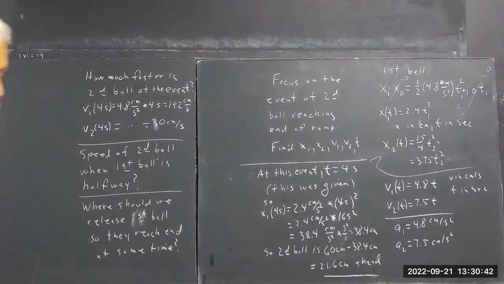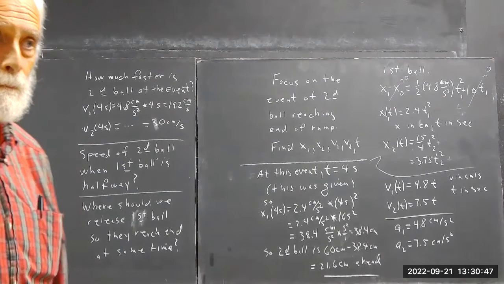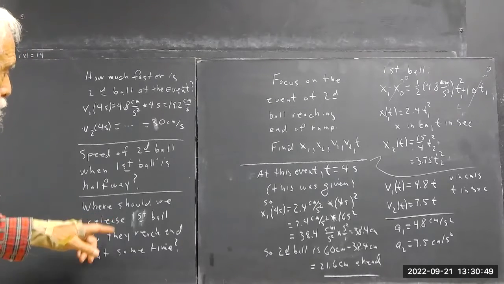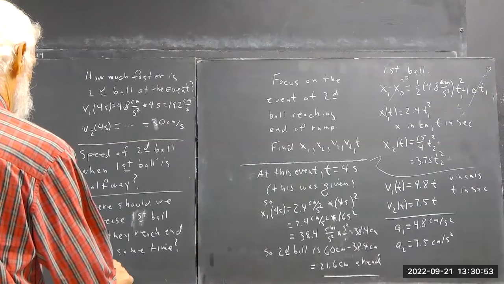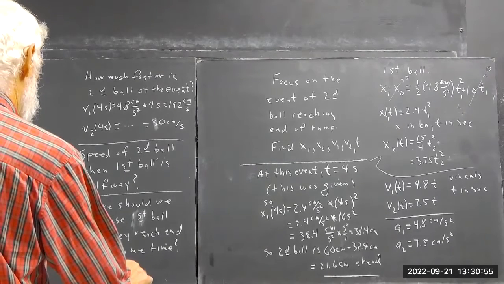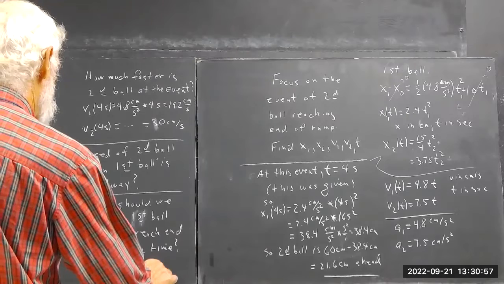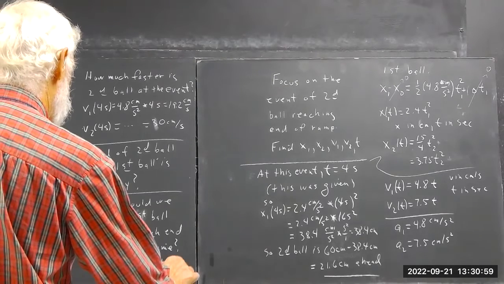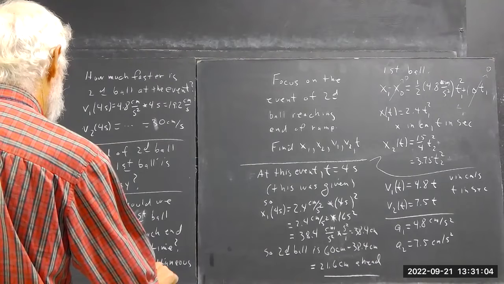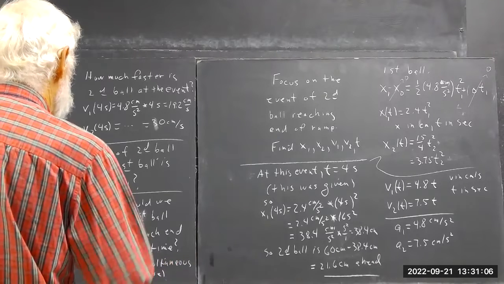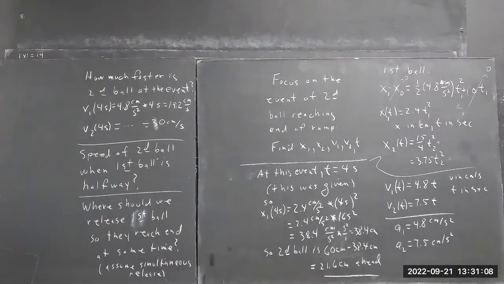To release the first ball so they reach the end at the same time. Assuming we release the two balls at the same instant. So assume a simultaneous release.